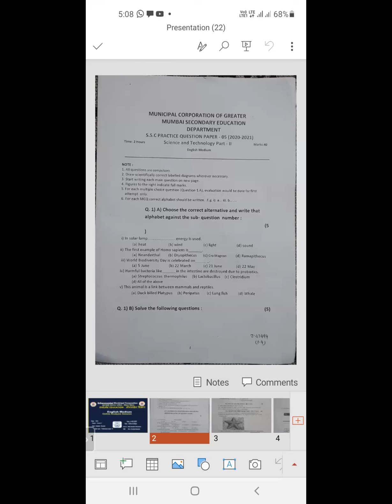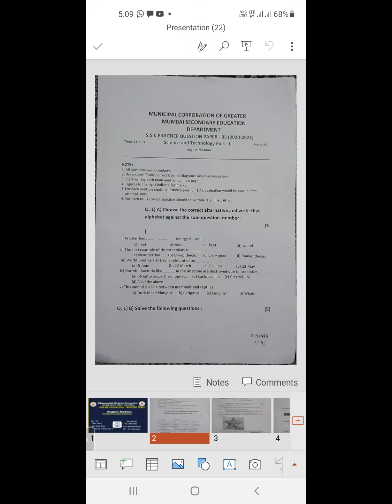In case of MCQs, question number 1A, only the first attempt will be evaluated and given credit. So if you attempt this question once, the first attempt will be considered and those marks will be given to you. Otherwise, if you give a second attempt, that will not be considered.